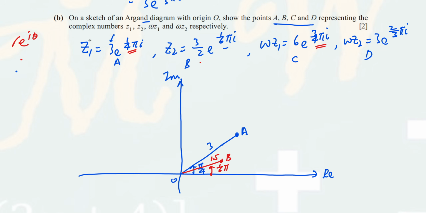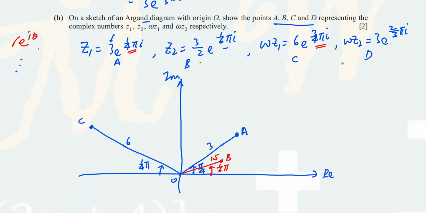And then this is 3/4 pi. 3/4 pi is actually half pi plus 1/4 pi, which means it will be 1/4 pi from the other side. And the length is 6 units, the magnitude. Here I only simply sketch; probably you can just measure. So this is point C, and here is 1/4 pi.